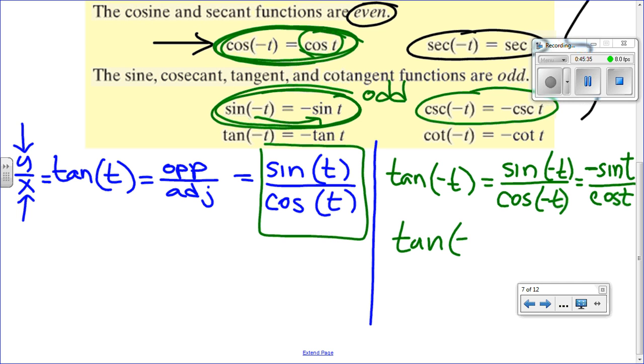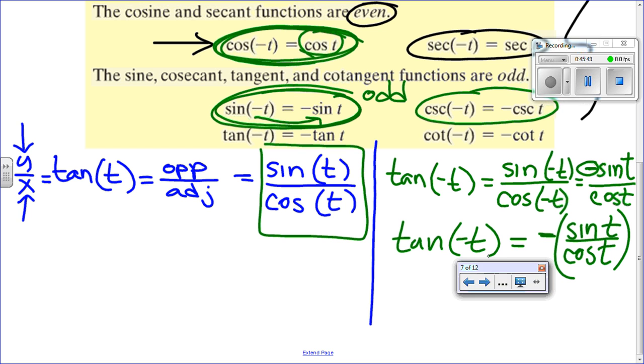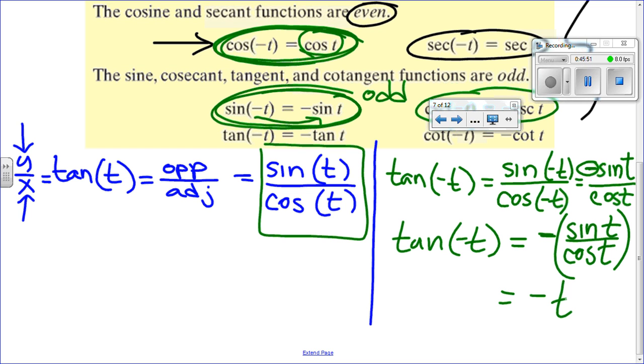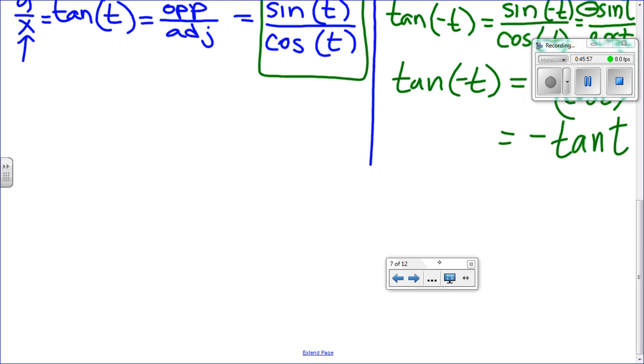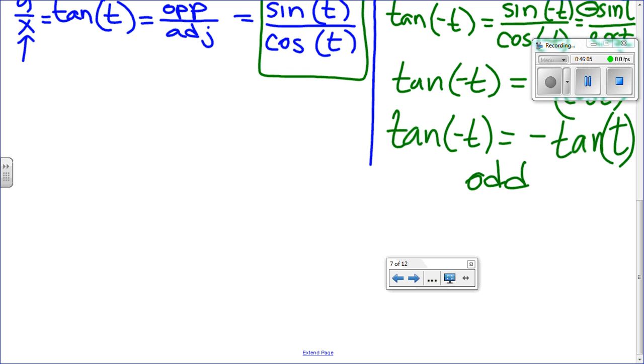So this one here happens to be the opposite of tangent. So therefore, tangent is odd. So what are the only two that are even? Cosine and secant, that's it.